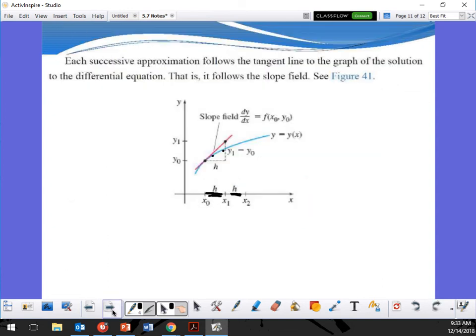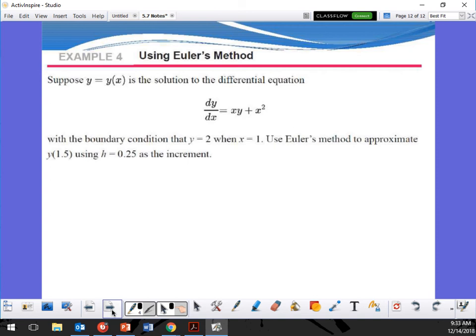Let me just carry that over. It should be, what was it? It was y1 equals y sub naught plus h times f of x sub naught. Okay, what do we know from this one already? I know h.